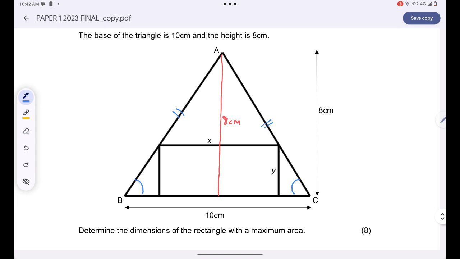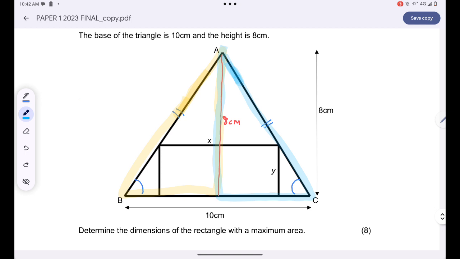So I can conclude that this triangle over here is congruent to the other triangle over there. If two triangles are congruent, it simply means the triangles are exactly the same.